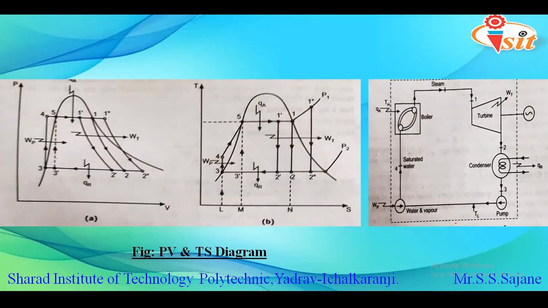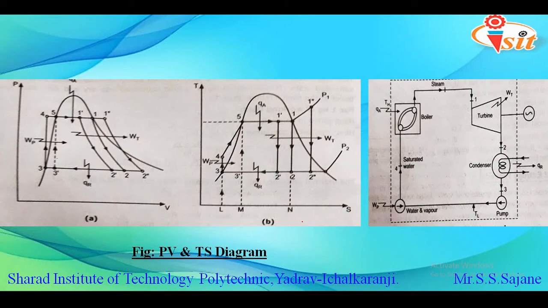As we have now seen all the four elements of the steam power plant, now we will study how to represent the various processes occurring in those four elements on PV and TS diagram. So here in the first diagram, that is the PV diagram, and the second diagram is the TS diagram.